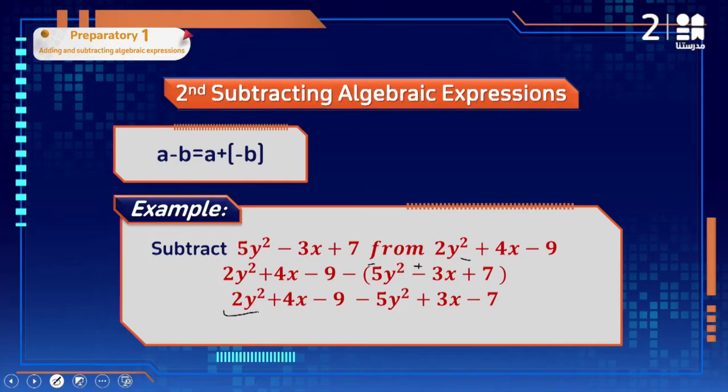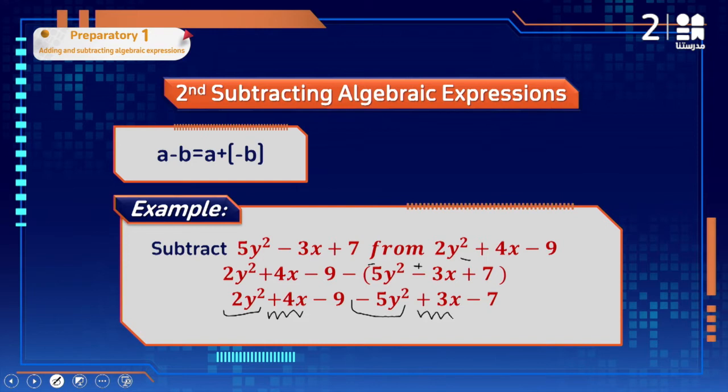So here, by the horizontal way, I'm going to take y squared with y squared. 2y squared minus, don't forget to take the sign with it, the operation with it, minus 5y squared will give us negative 3y squared. What about 4x and 3x? You can make it as a zigzag.